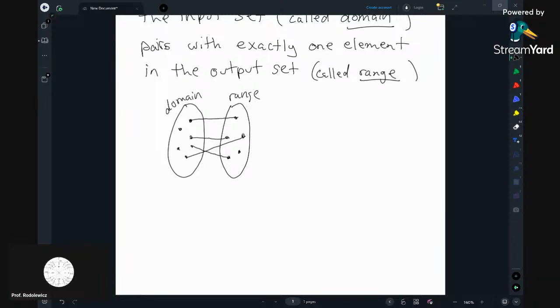Actually, we just have to make sure. That's still a function. So this input pairs with one object over here. This input right here pairs with one object over there. It's the same object. It could be like, here's me, here's my brother, and we both have the same mom.